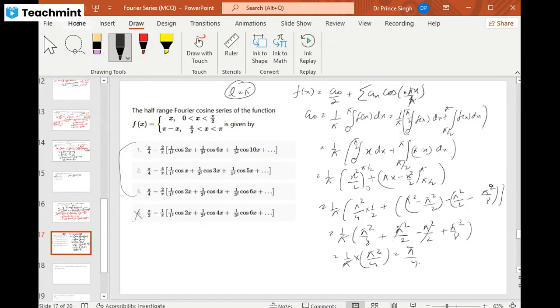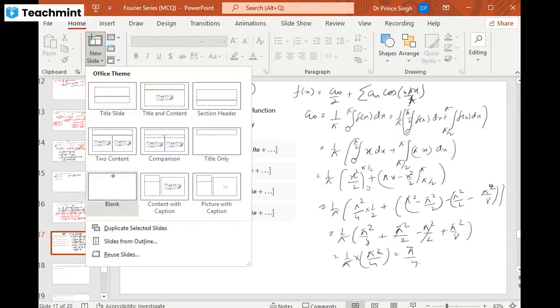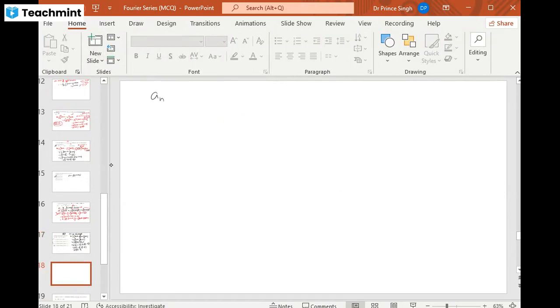So again, for calculating the value of AN, we are considering AN is equal to 2 upon L, 0 to L, f of x into cos nx dx. That is 2 upon pi, 0 to pi by 2 f of x into cos of nx dx, and pi by 2 to pi f of x into cos of nx dx.